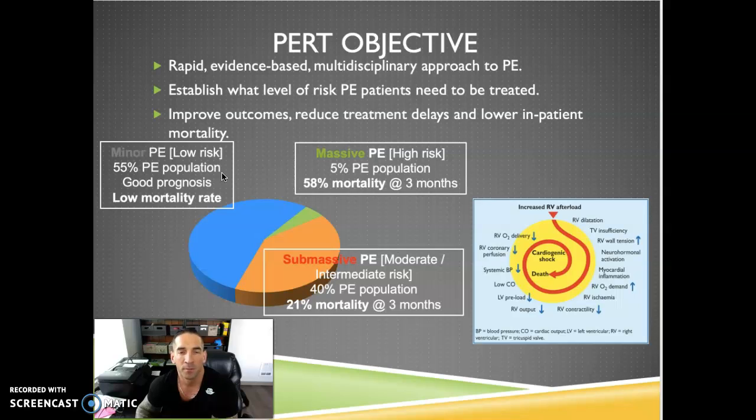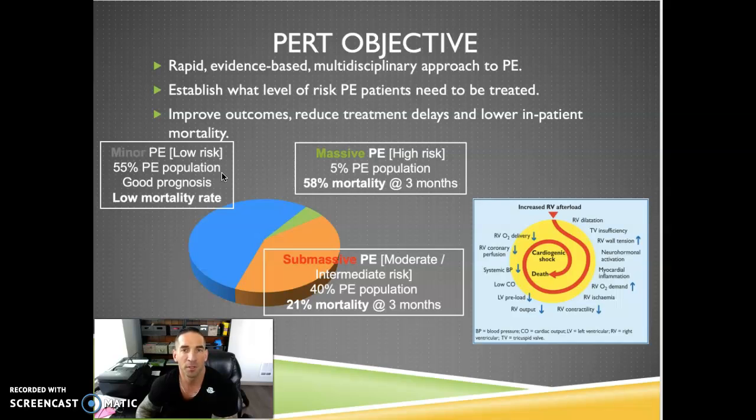And what that does is it causes a couple of issues. It causes deoxygenated blood not being able to return to the lungs proficiently. And it also causes a lot of back pressure, which swells the right ventricle.